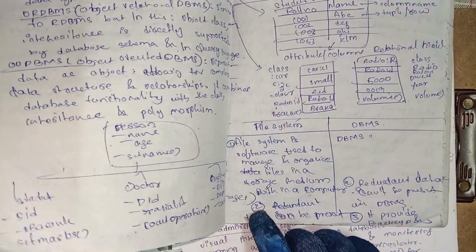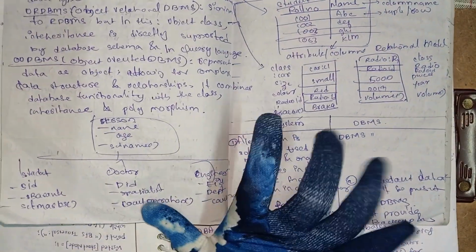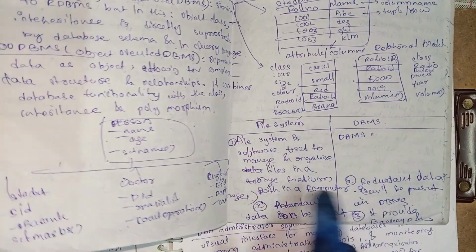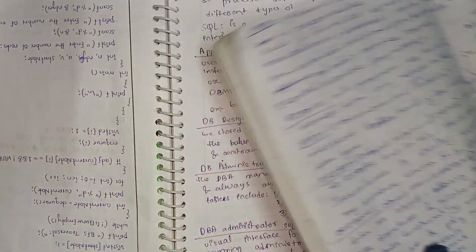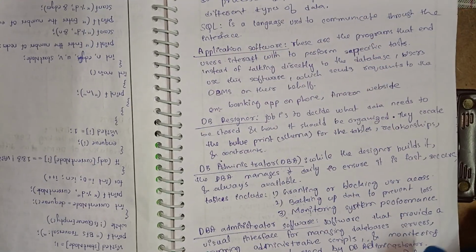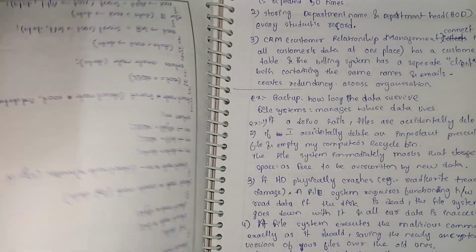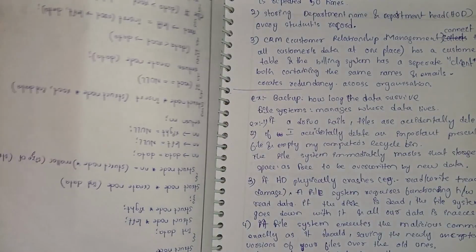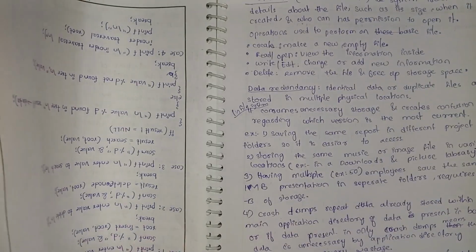The second point is that redundant data can be present in a file system, but in a DBMS redundant data can't be present. Why? Because what does redundant data mean?